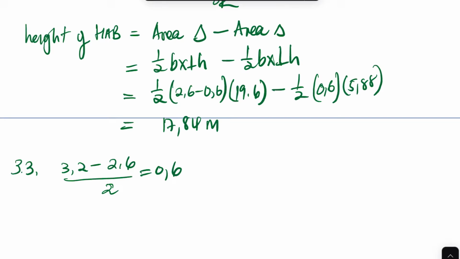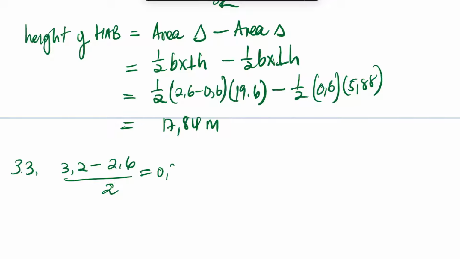So if I add there, did I divide by 2? No, I did not. I divide by 2. It's going to be 1.9. So it's not 0.6, guys. It's 3.2 minus 2.6 and divide by 2. It's 0.3. So this is wrong, guys. It's 0.3.